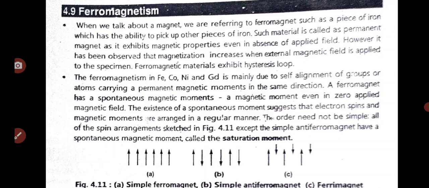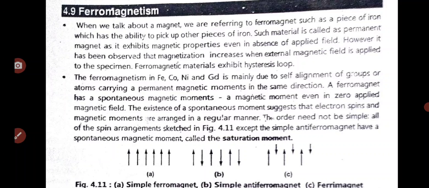In this lecture we want to see ferromagnetism. Ferromagnetism is the magnetic property of a material, referring to the capability of a piece of iron to pick up other pieces of iron.